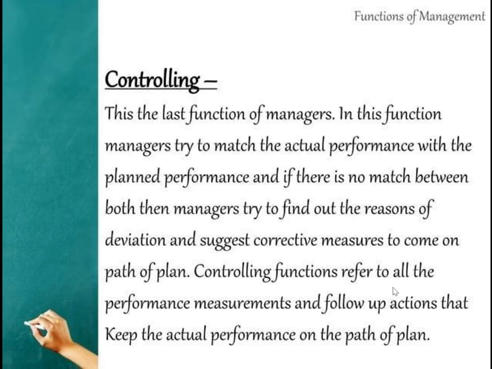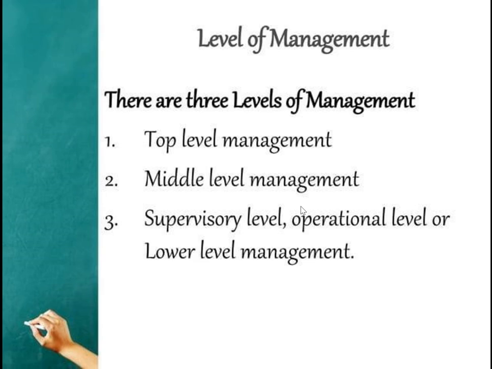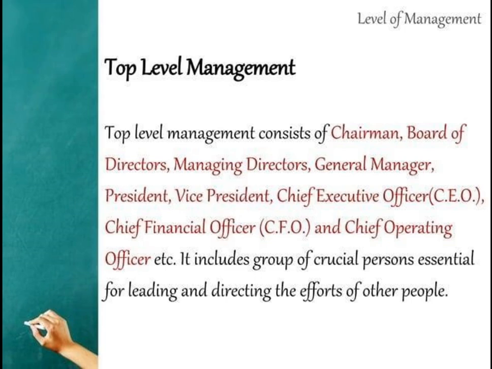And coming to the levels of management, there are three levels in management, as we know: top level management, middle level management, and supervisory management, or operational level management, or lower level management. We'll go through the top level management first.